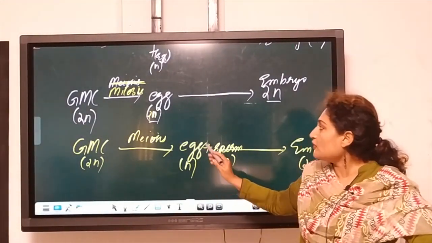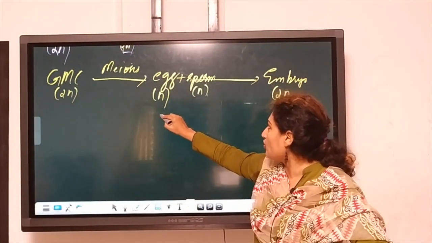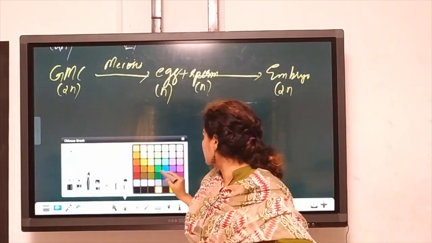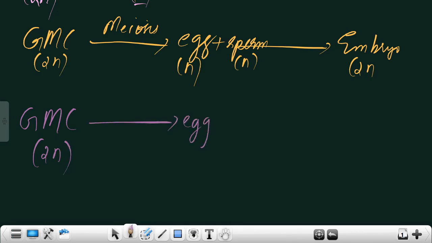Whereas in the apomictic seed, I'm rewriting from the normal and we are deviating. The gamete mother cell is 2n. It gives rise to the egg, which should be n, but here the egg is 2n.